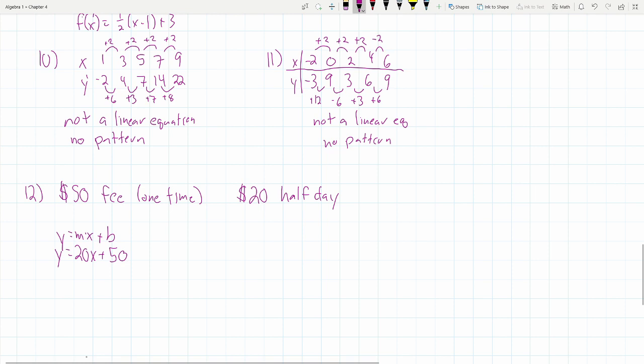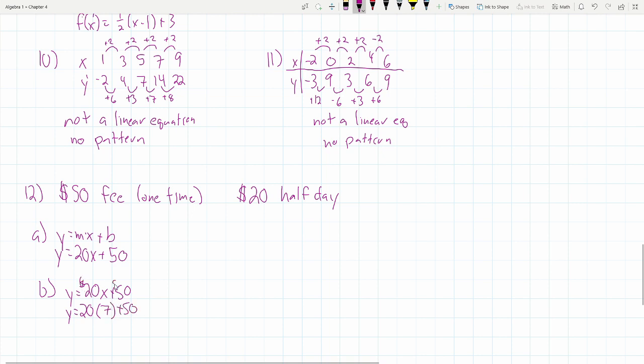Part B asks us to find the total cost of renting a paddleboard for 7 half days. So that was part A. Part B, we are simply plugging in 7 for x. So y equals 20x plus 50. So y equals 20, instead of x, I'm going to put in 7, plus 50.